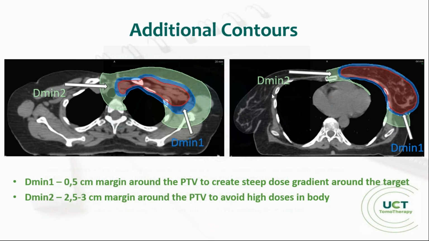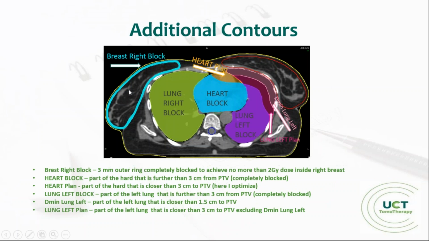Now other additional contours and how I created them. Let's begin with breast right block. I just added a 3 millimeter margin outer ring, and I put it completely blocked to prevent beams from going through the right breast.